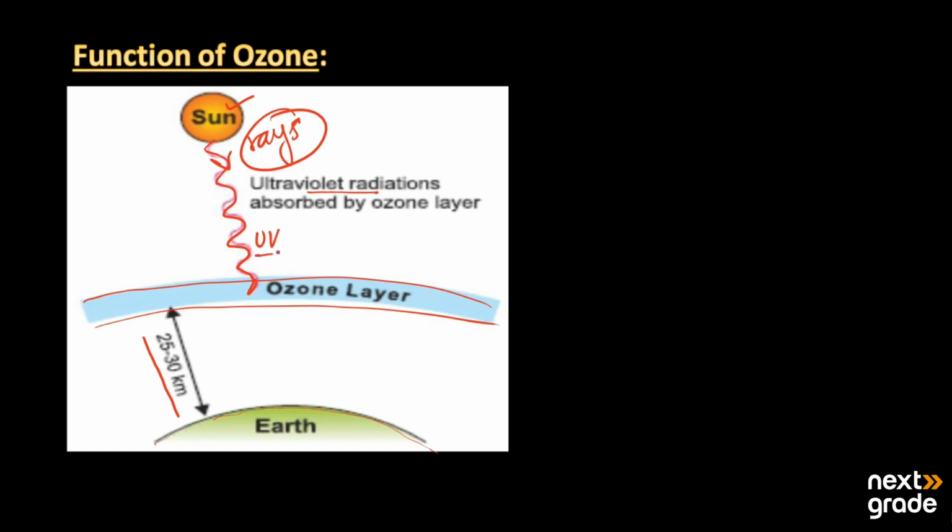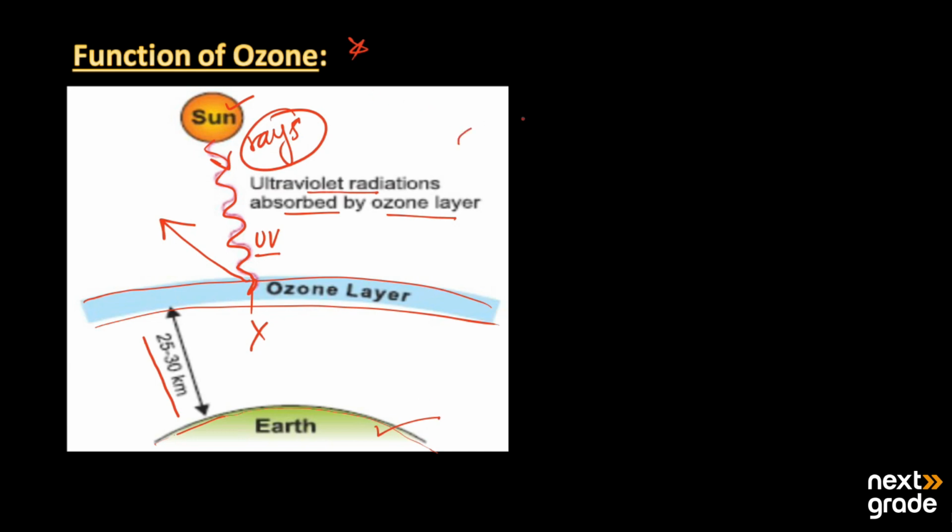These get absorbed by the ozone layer, or the ozone layer reflects them back. It will not allow the UV radiations to pass through, and in turn it protects the earth. So this is the main function of ozone.